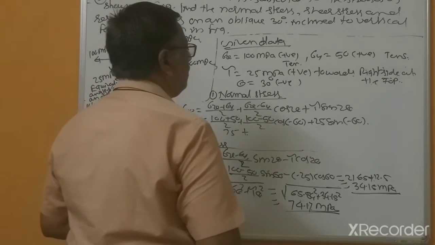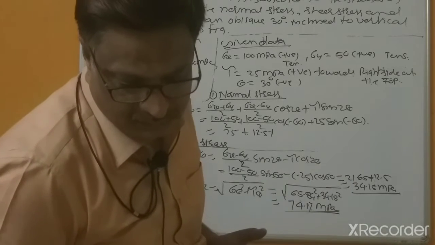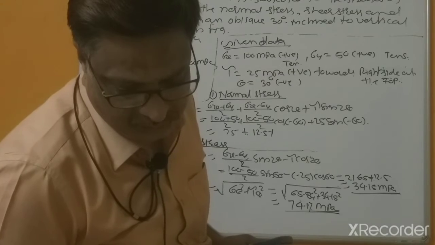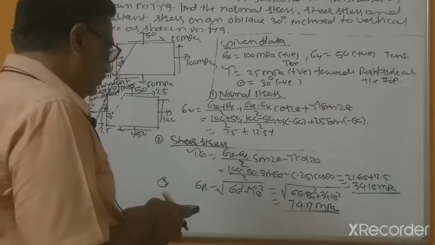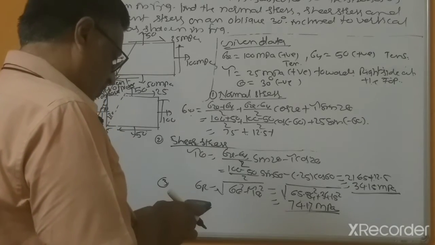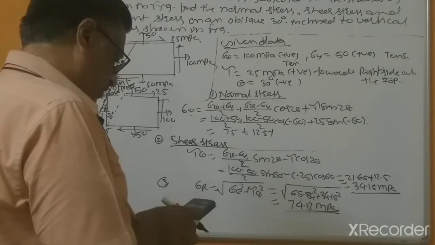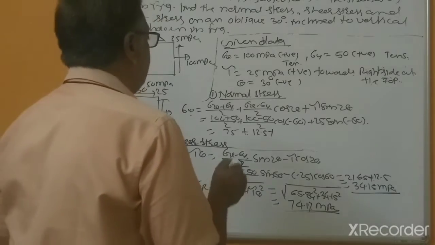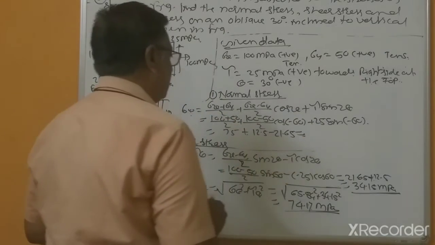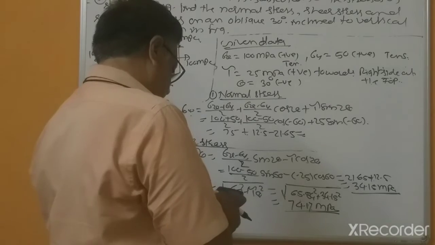So this is 12.5. Sine minus 60 is negative, so that's why minus 21.65, plus 12.5, plus 75.